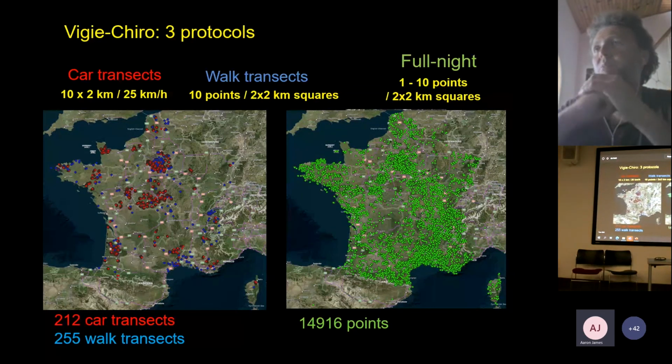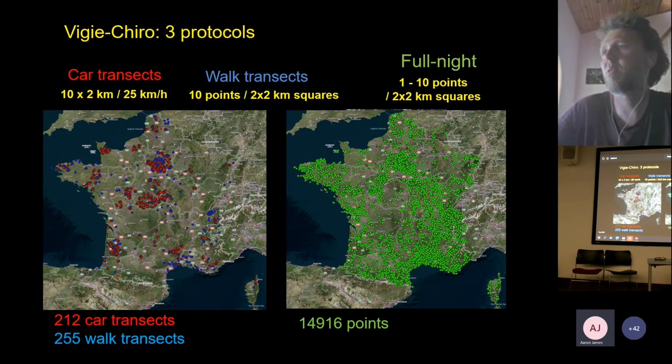The 2 oldest protocols, car transects and walk transects, have a moderate geographical coverage with 200 sites each, but full night recordings have been really popular lately, and we are reaching 15,000 points sampled in France, with an important proportion that have been repeated several years.